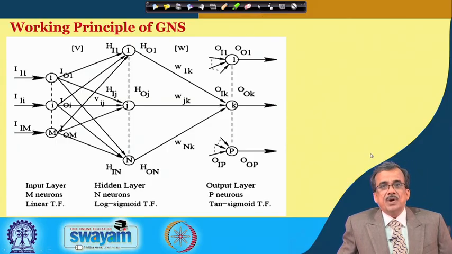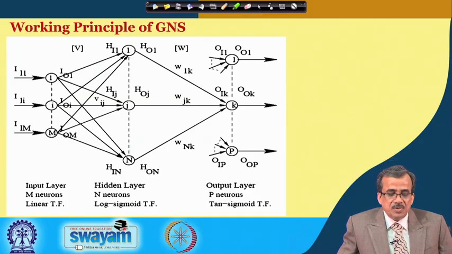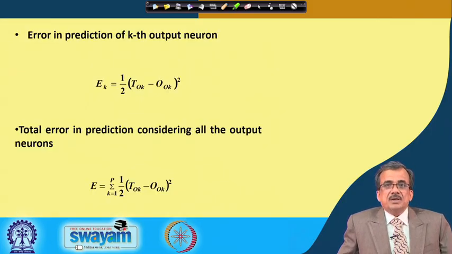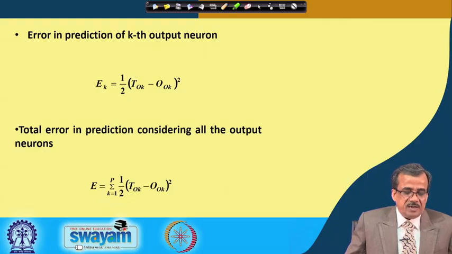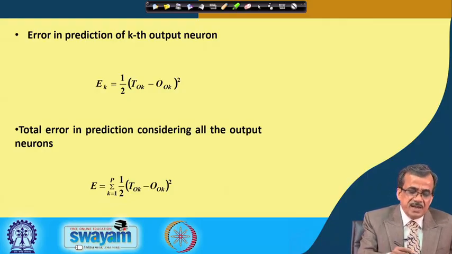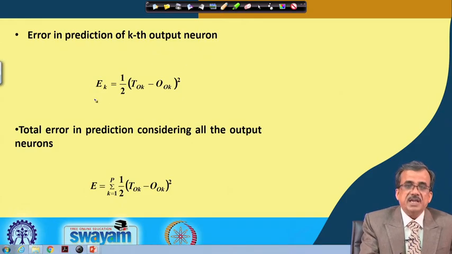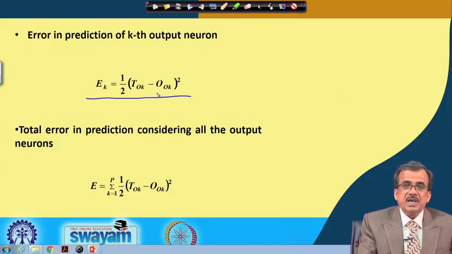Now, instead, I am going to discuss how to represent this particular network inside one GA string. Before I discuss that, let me recapitulate that the error in prediction of the kth output neuron is E_k = 1/2 (T_Ok − O_Ok)².